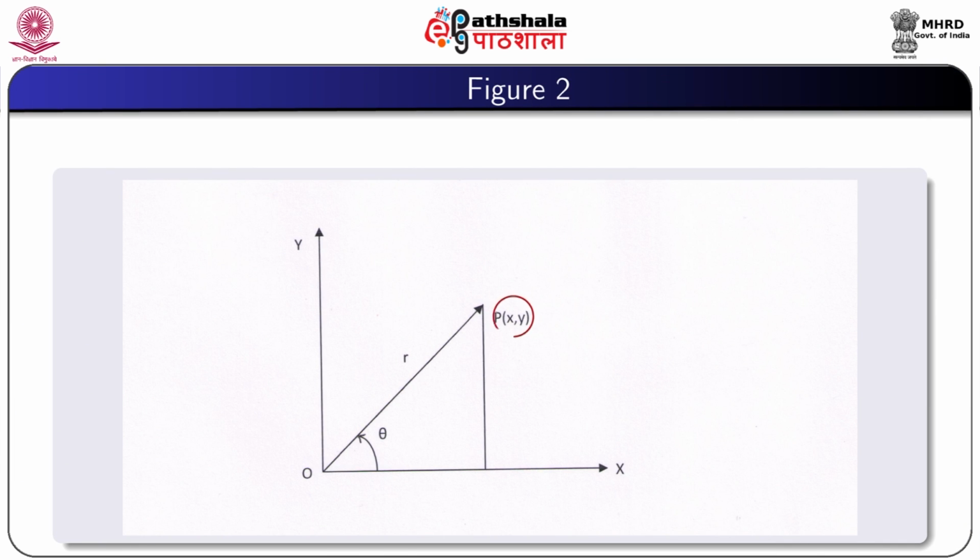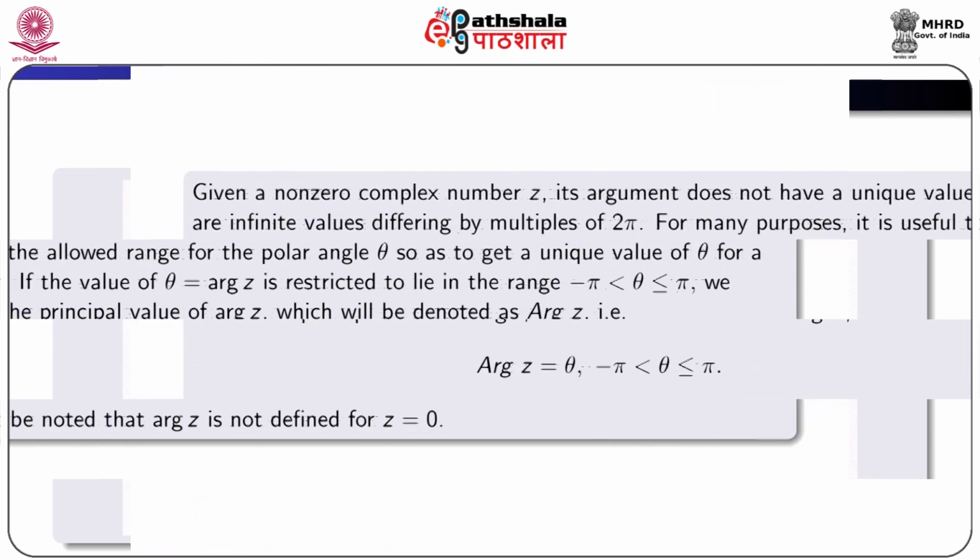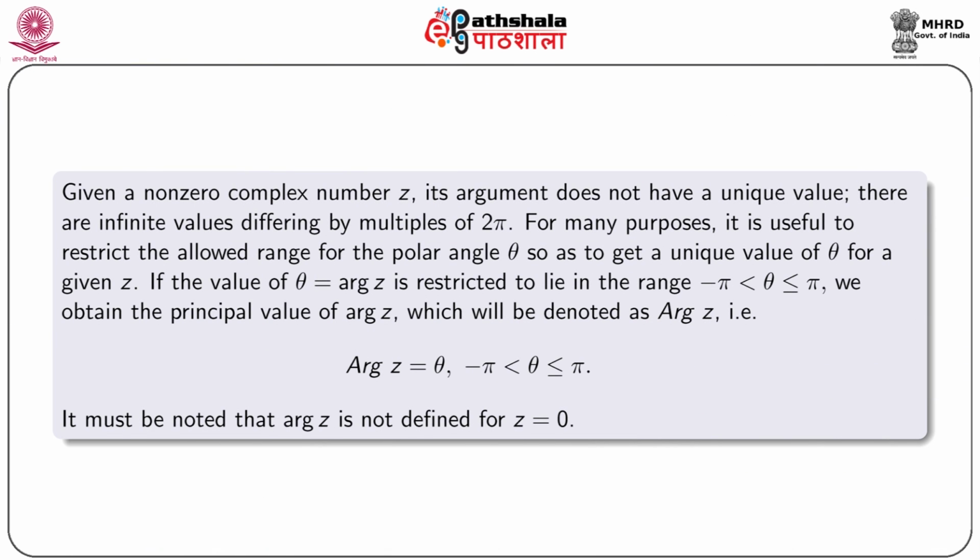So, here P is a complex number, z equal to x plus i y, and r is the modulus and theta is called the argument of z, that is the P. Given a non-zero complex number z, its argument does not have a unique value.